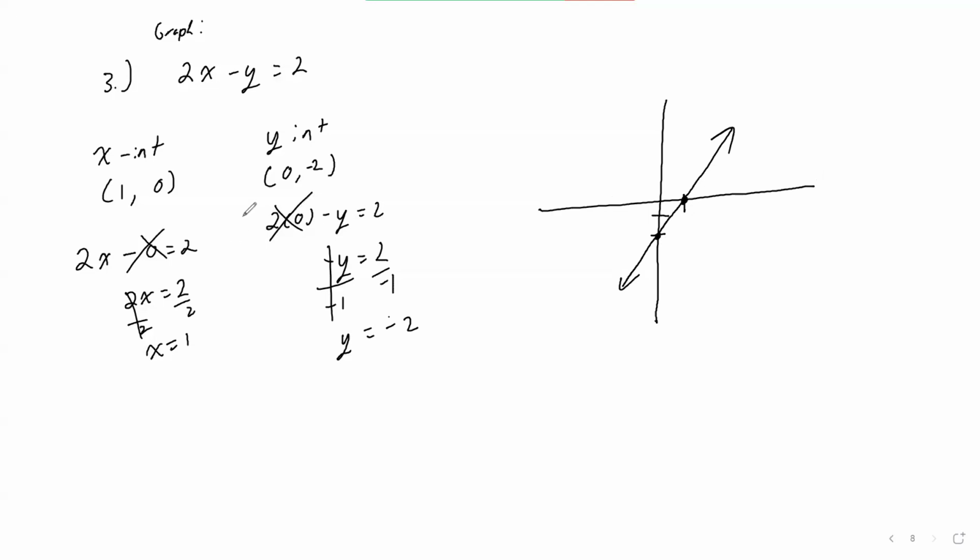Which was 0, so it just went away. I dropped my negative y because that sign is still attached to that y. I brought it down. Then my next step, equals 2. I wanted to get rid of this negative.